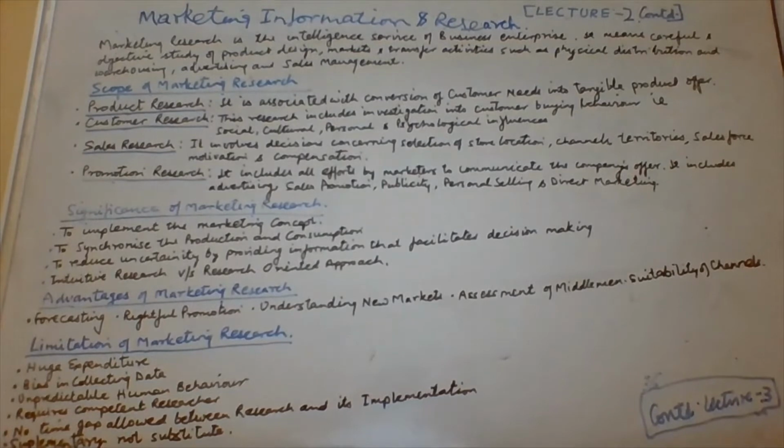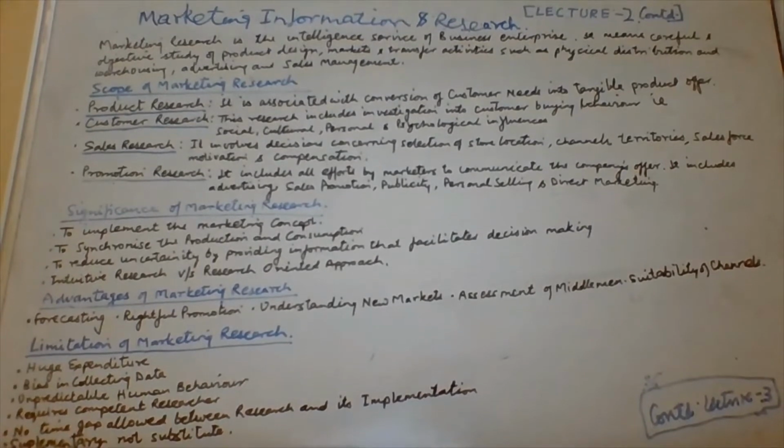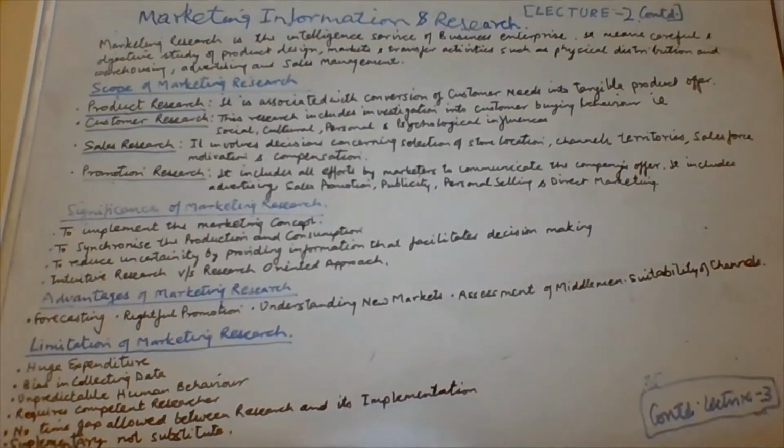So it includes how can we reach the people by and large, to educate them, to inform them about the organization, about the products and its benefits, and so on and so forth. So the various tools we have in promotion are advertising, sales promotion, personal selling, publicity, and direct marketing. So these are the areas where research needs to be done as far as marketing is concerned.